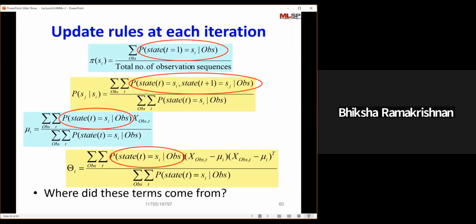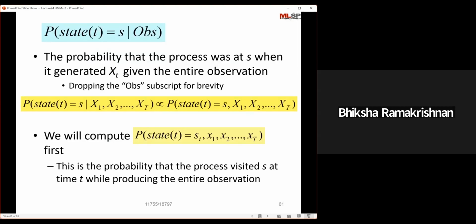But then the challenge is, how do I compute these posterior probabilities? And it turns out we already know this. We've done this. I've done most of the computation for this already.